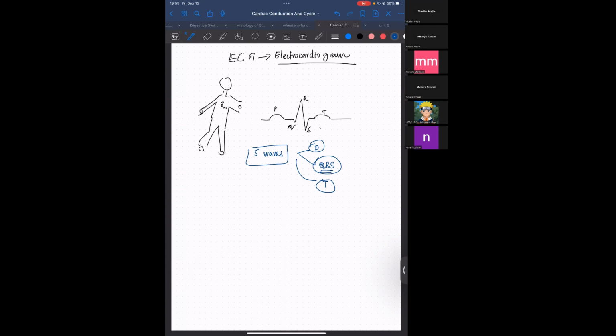like depolarization and repolarization. You all know what is depolarization and what is repolarization. You might have studied this under the nervous system, the nerves.